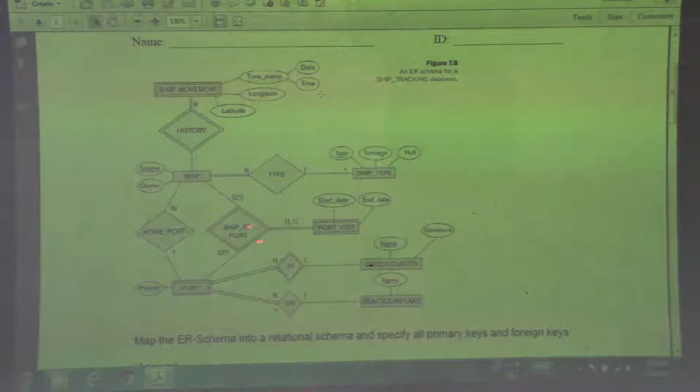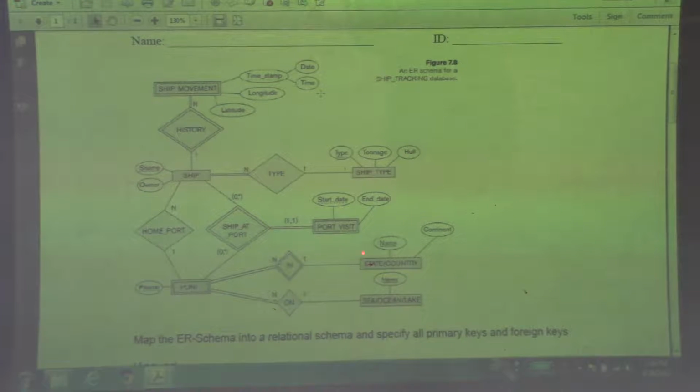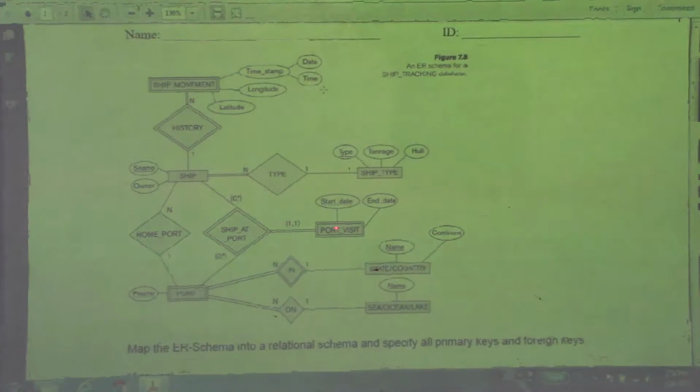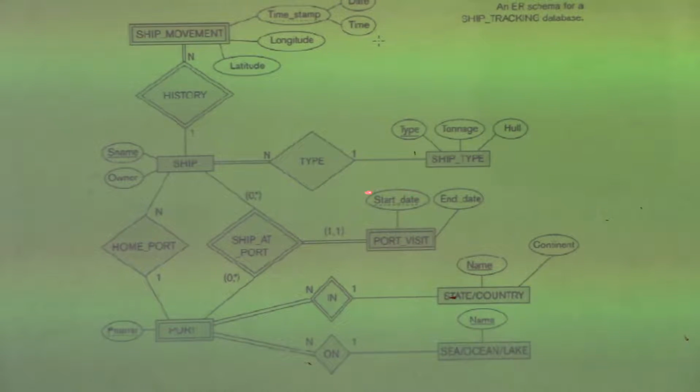So we can use one relation for ship_S_port with the primary key of this. However, to get the primary key of this one needs the help of the S name and the P name. So, which means the primary key of this is the S name, P name, and start date. Also, this is a weak entity.